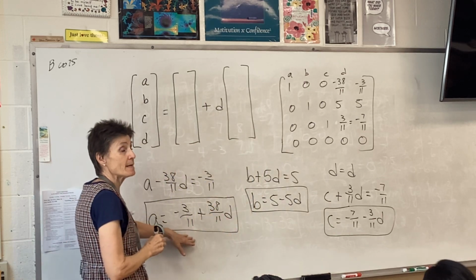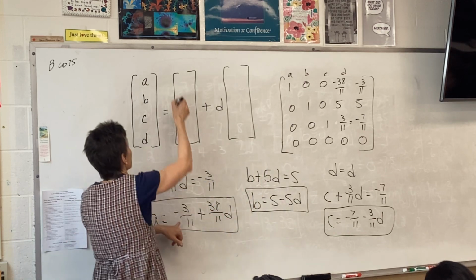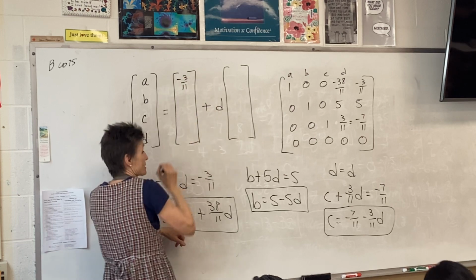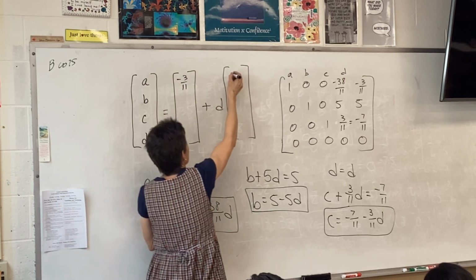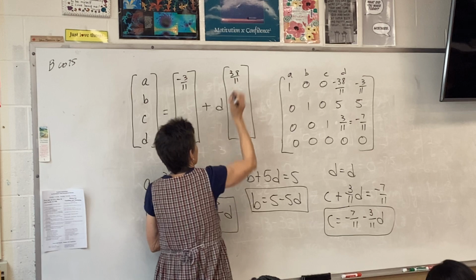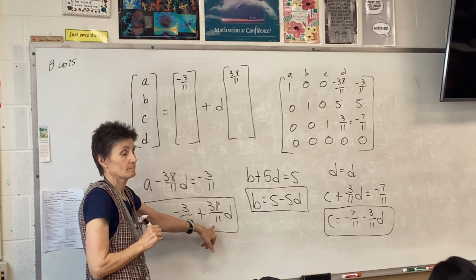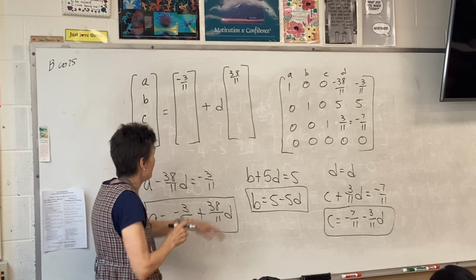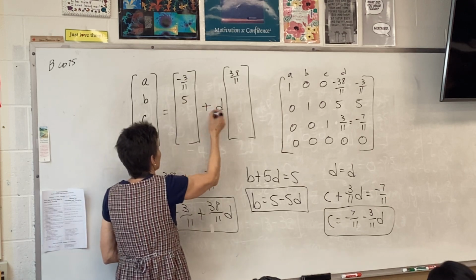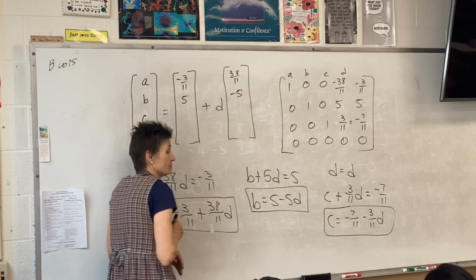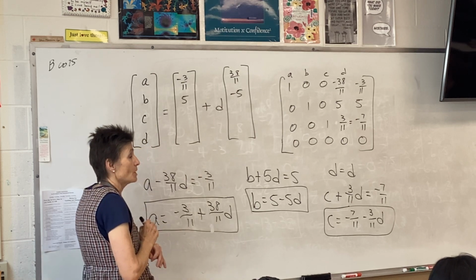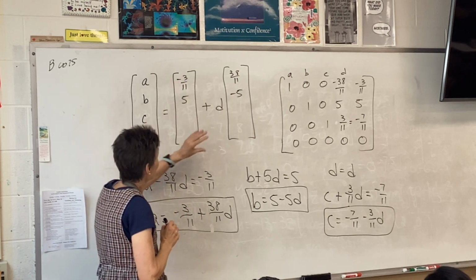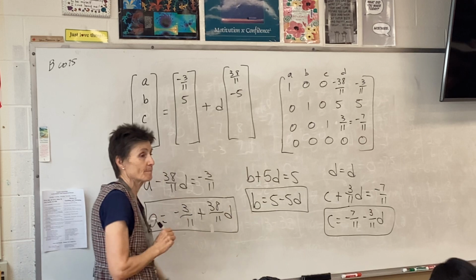A, for example, is negative 3/11 plus 38/11 D. B is 5 minus 5D. So my numbers are going here and my D coefficients are going here.